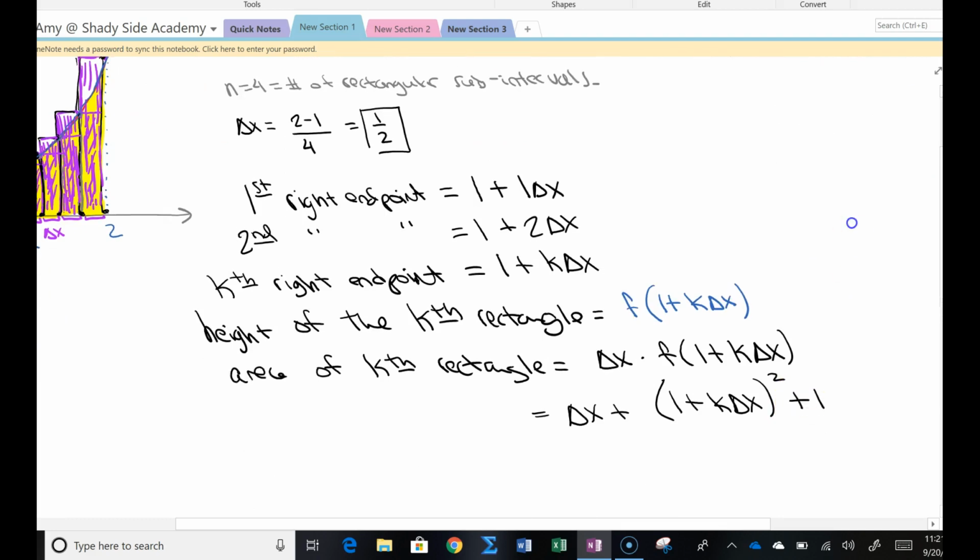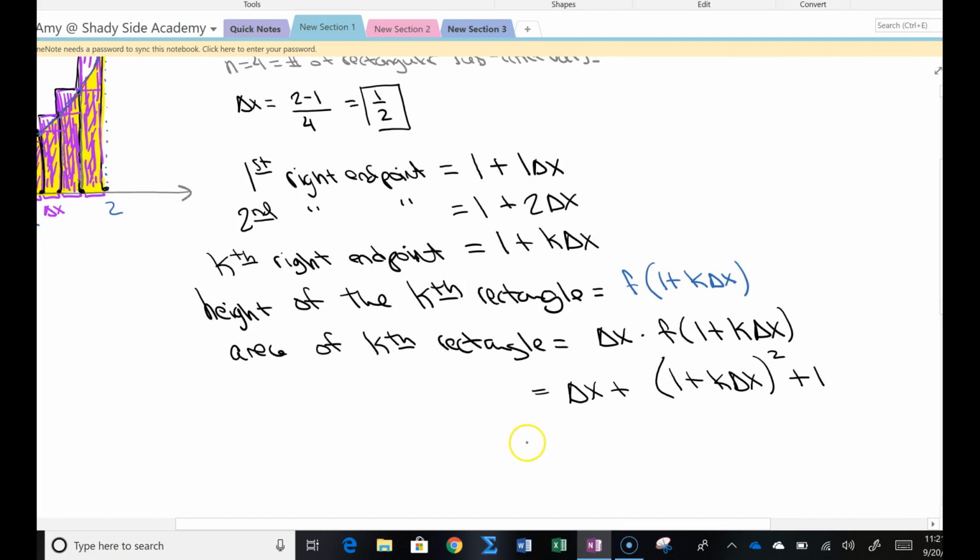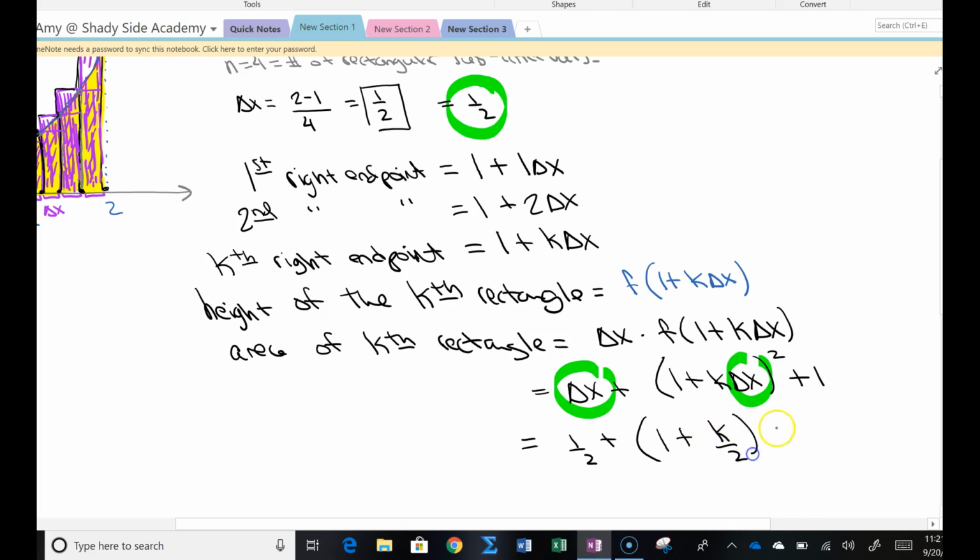Now, I'd love to have the area of my kth rectangle written without delta x here. Well, I know that delta x is 1/2, so I'm going to put this 1/2 in for delta x and delta x. And what I get when everything is cleaned up and completely contextualized is this.